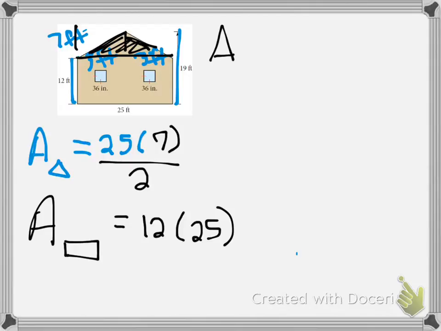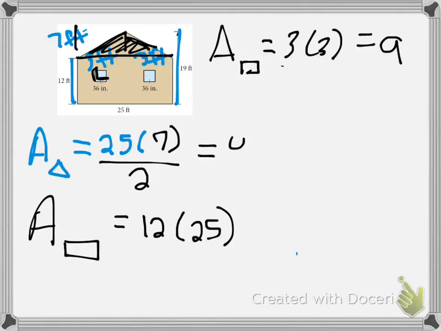And the area of a little square is length times width, or length times length, because they're both the same. This is 3 feet, this is 3 feet. So 3 times 3, so this is 9. Oops. This is 9. This gives us 87.5, and this gives us 12 times 300.